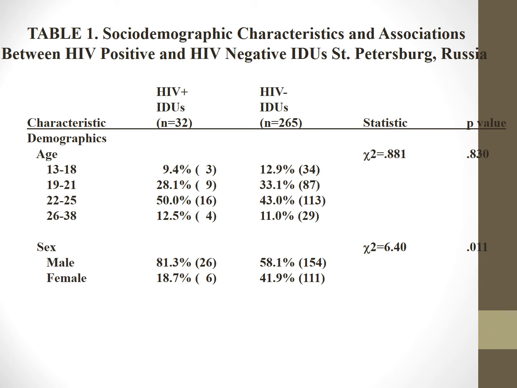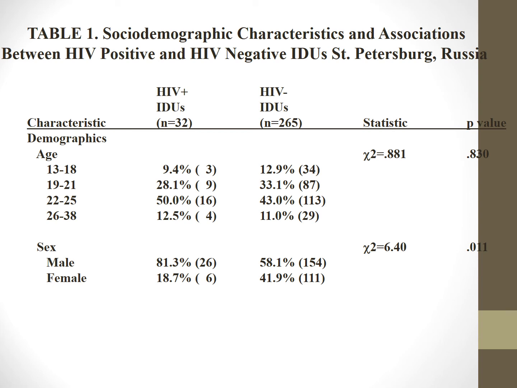But gender-wise, I think we find that it's much more likely that it was males who self-reported that they were HIV positive than females. So of that sample, 81.3% of the HIV positive self-report individuals they were male.